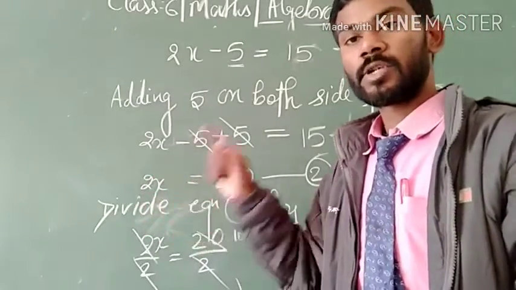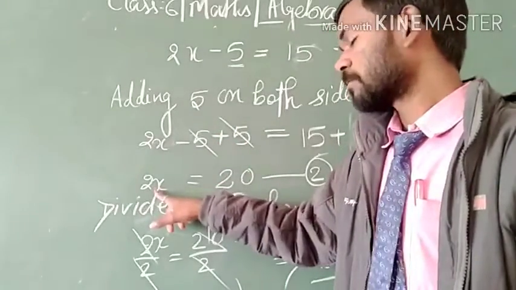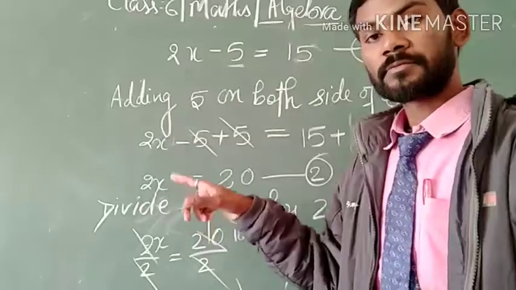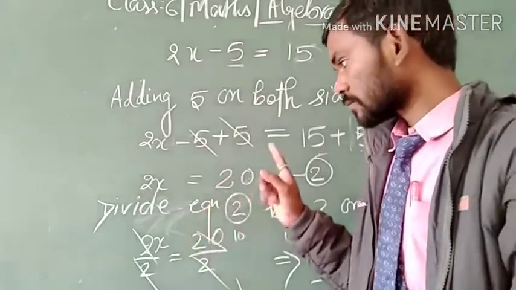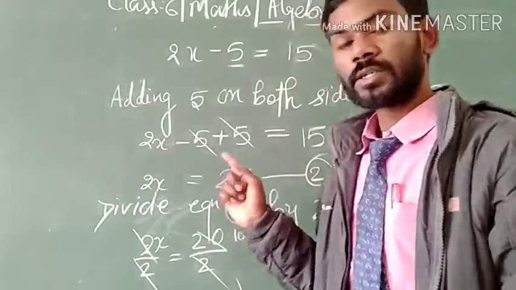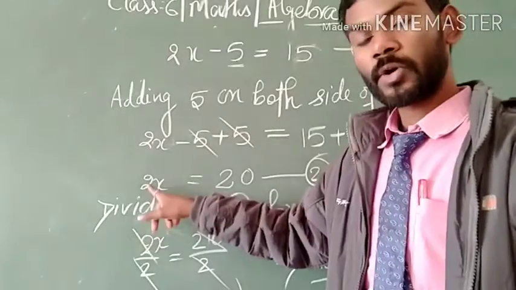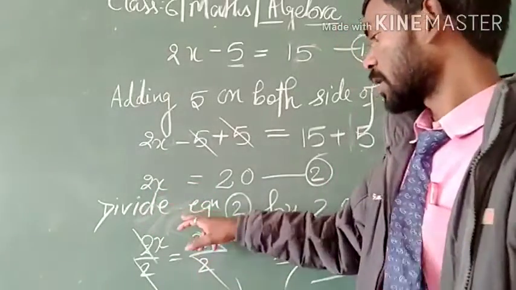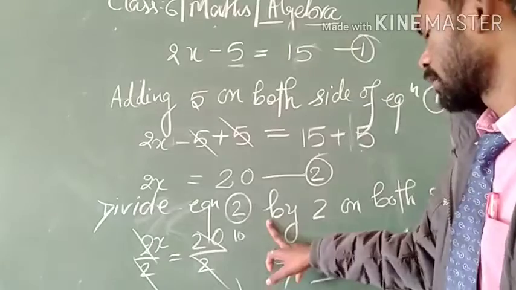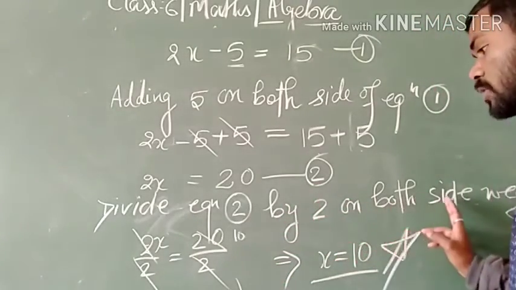So in order to remove 2, we can see that 2 is multiplied with x. Therefore, we shall divide the equation by 2 in order to remove 2 from x. Therefore, we divide equation number 2 by 2 on both sides.